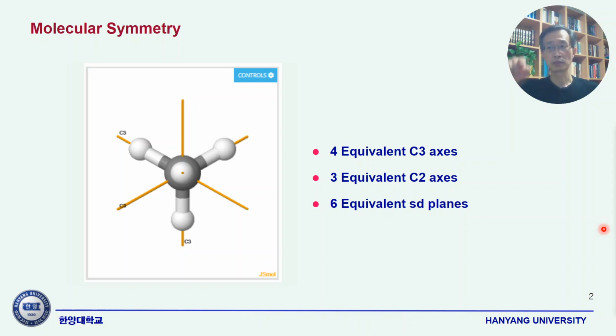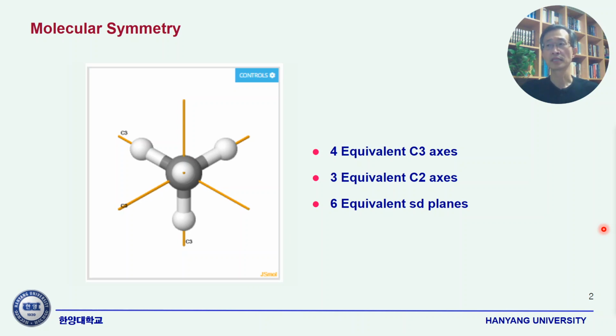You are looking from above the molecule. So you have this hydrogen near to you, and then 3 hydrogen atoms further from you. There is a carbon atom at the back of this hydrogen atom. So this is a C3 axis. This is one C3 axis.